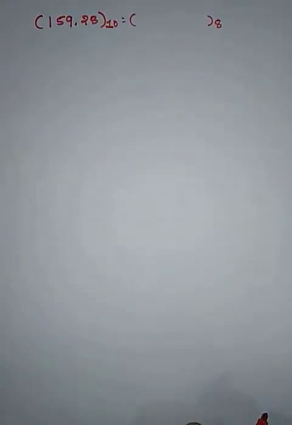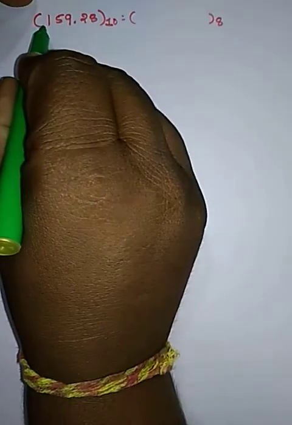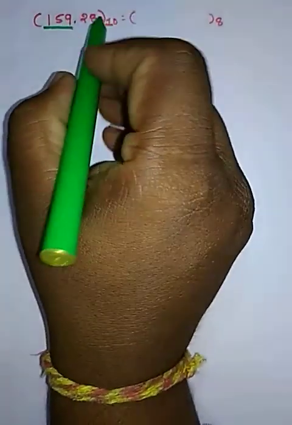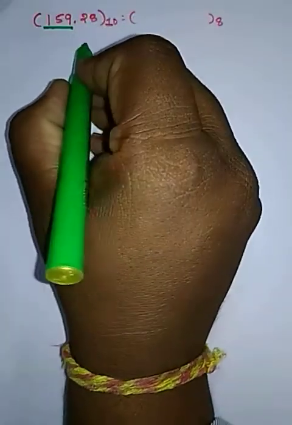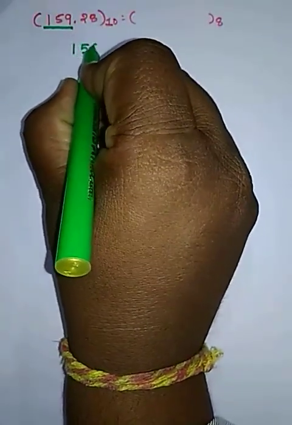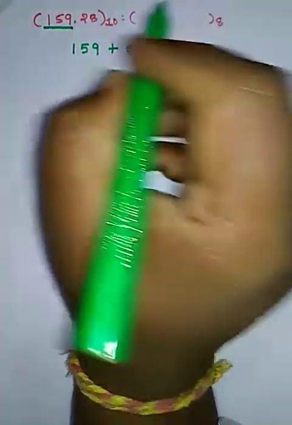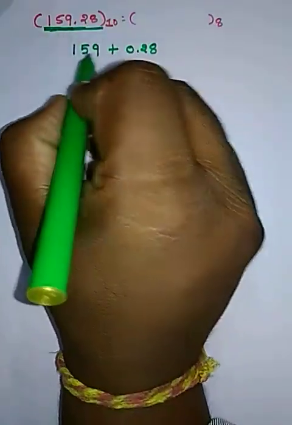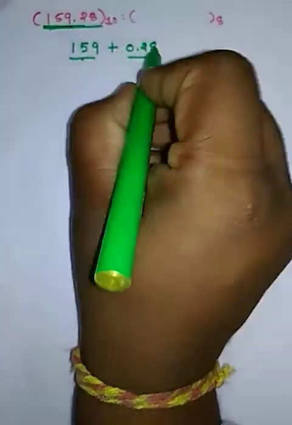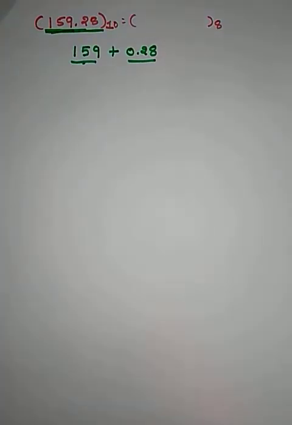So far we have learned conversion only up to the whole part. What about 0.28? As we did earlier for binary conversion, make two parts of this number, whole number and fractional number: 159 plus 0.28. First we are going to convert 159, following the same method as before.